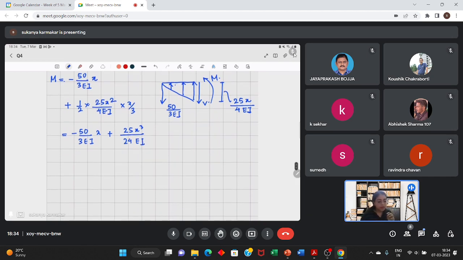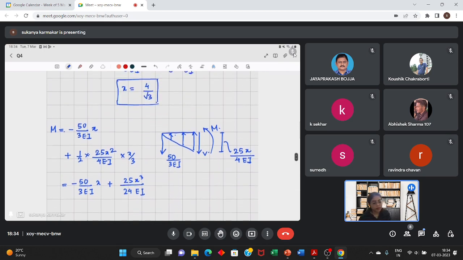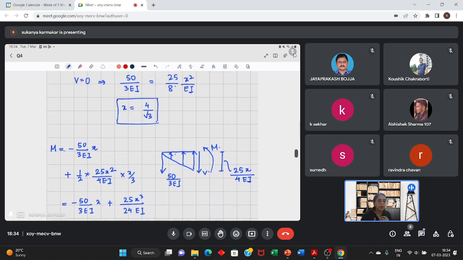So now in this equation, simply put x is equal to this value which you had obtained. At that point, the bending moment will be maximum.